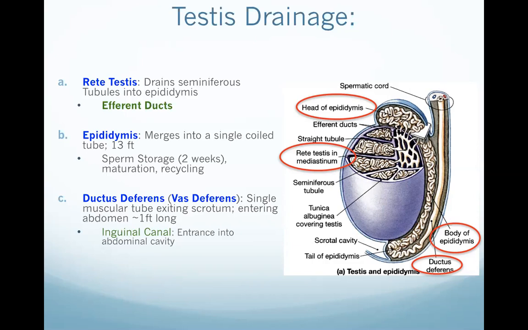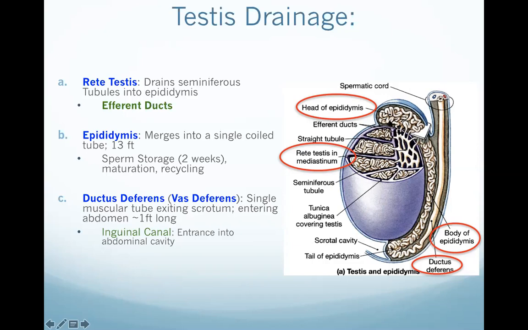Any cells that get formed that are not adequate in that formation will attrit and break down, and we'll see them being reabsorbed by the epididymal cells. So very important location for maturation to occur. So you're looking at anywhere between 2 weeks to 20 days or so, sometimes even longer, depending on how often ejaculation occurs.